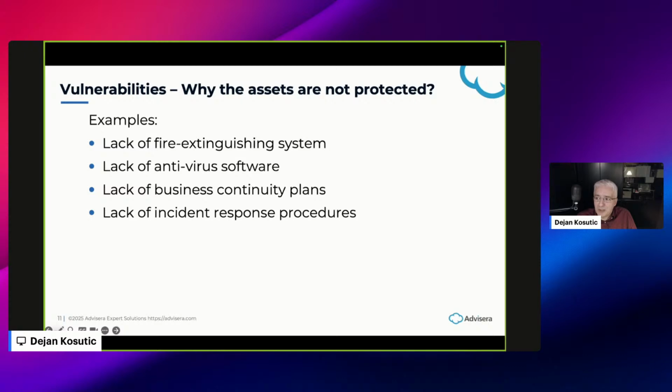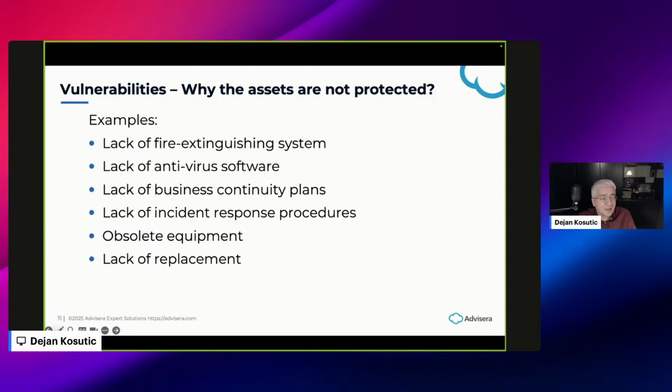Lack of incident response procedures. Again, this could be related to some of your physical assets and so on. Obsolete equipment. This is related to your equipment, so hardware. So this would be the example of a vulnerability.